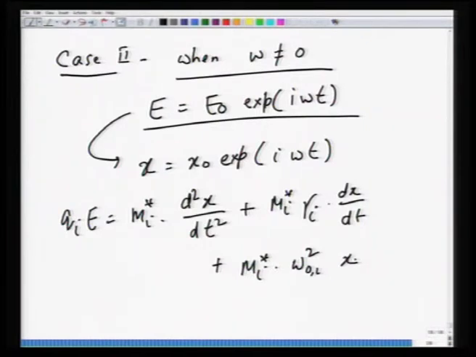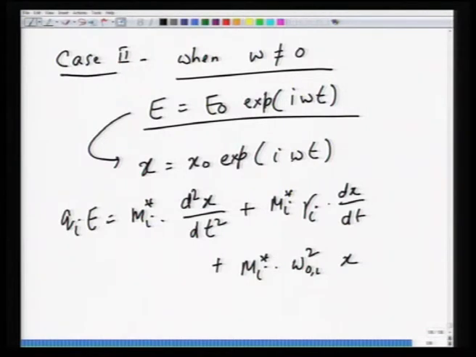So, what you basically need to do is put the value of E here, which is E naught exponential i omega t, and put the value of x. You have to differentiate this twice with respect to time.